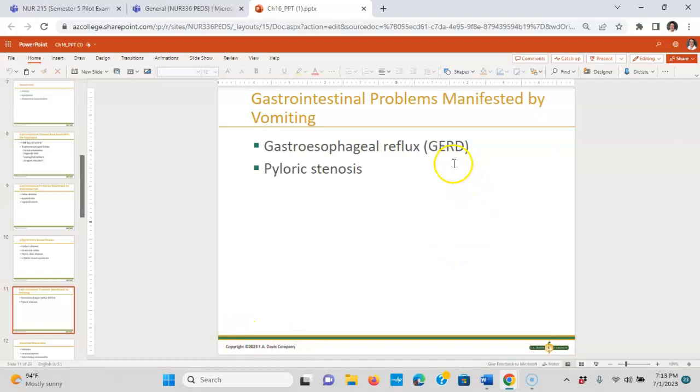For the reflux, we tend to say go ahead and put rice cereal in their formula just to make it heavier in their stomach so it doesn't come up in reflux. It's normal for gastroreflux because of the immaturity of the lower esophageal sphincter to actually close. And so it sometimes tends to relax, which causes that retrograde flow into the esophagus.